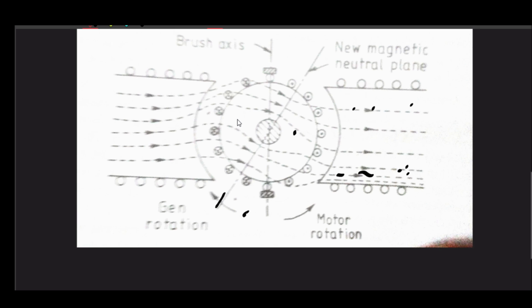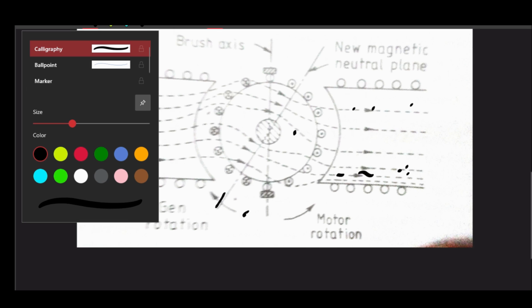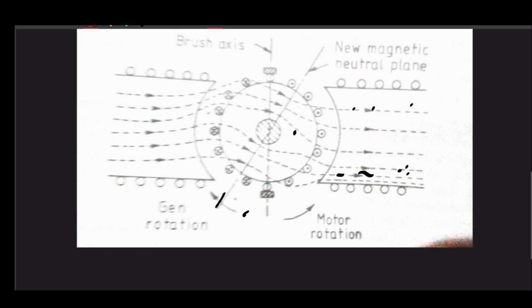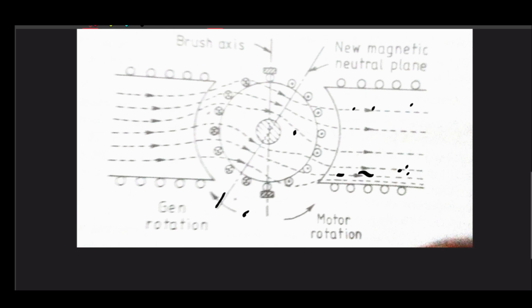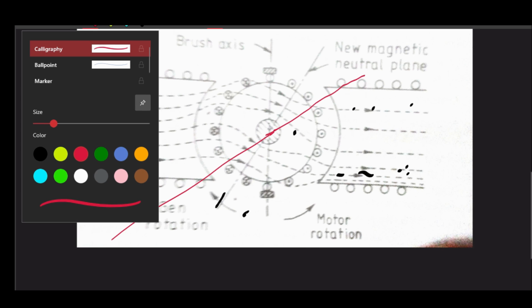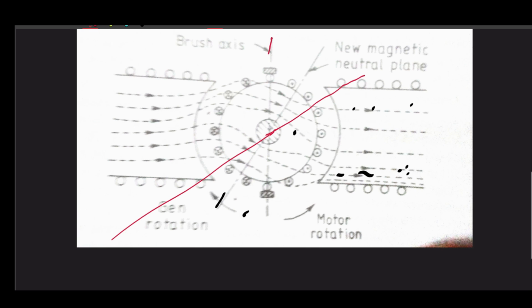If you consider maximum armature current, it is located in this way, and for zero armature current, it coincides with your geometric neutral axis.